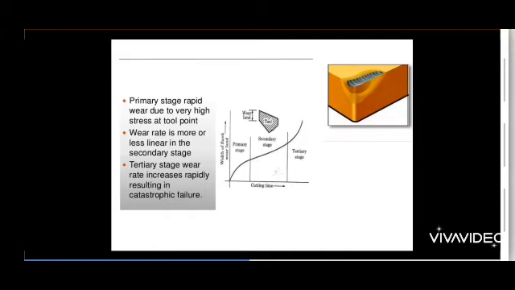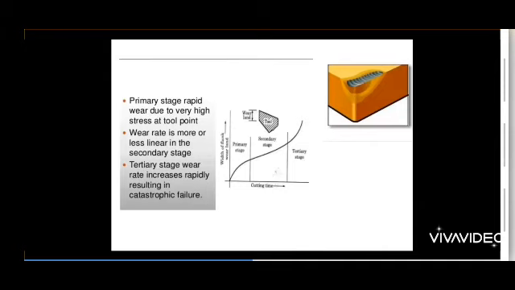Tertiary stage means, you can see on the y-axis, the width of the flank wear is more. When the tool enters the tertiary stage, the width of the flank wear is more. That means more portion of the tool is worn out. When you enter the tertiary stage, sudden breakage will take place. Okay.